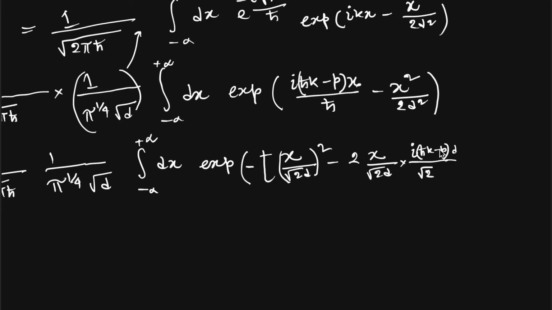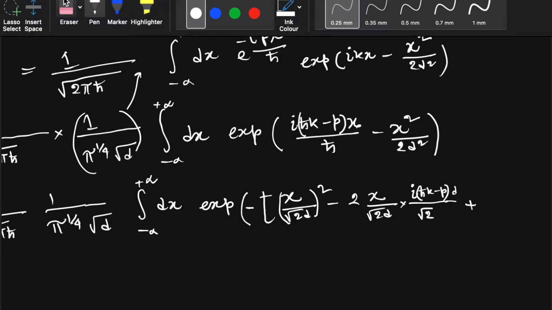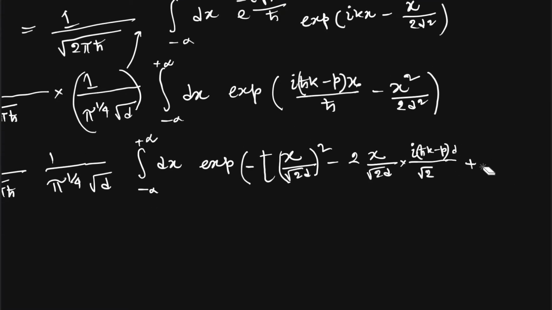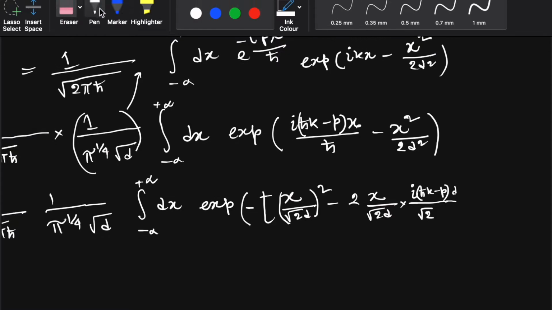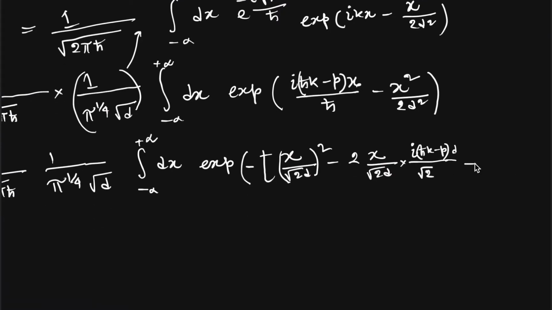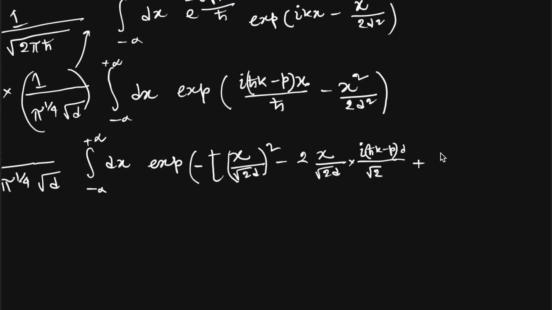Now add some term here to make it square, so let us add this term plus i ħ k minus p into d by root 2 ħ its square.